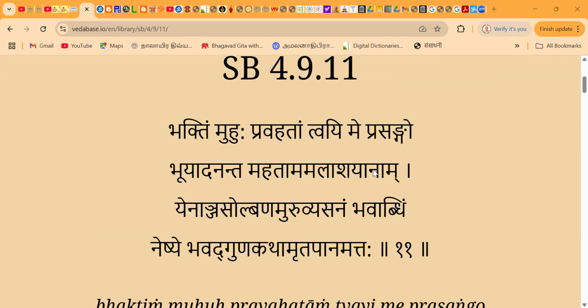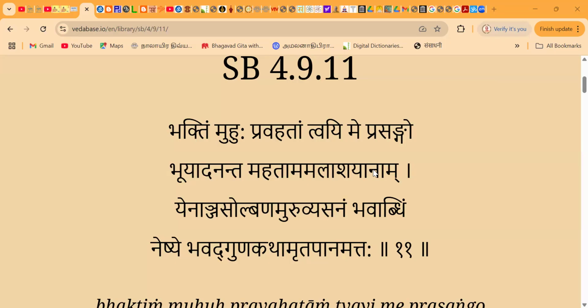So, bhuyat, may I, ashirling lakara, can be translated as may I get this. May I always have the association, muhuhu. Muhu means constantly or always. Have the association, prasango, of great, mahatam, great devotees.